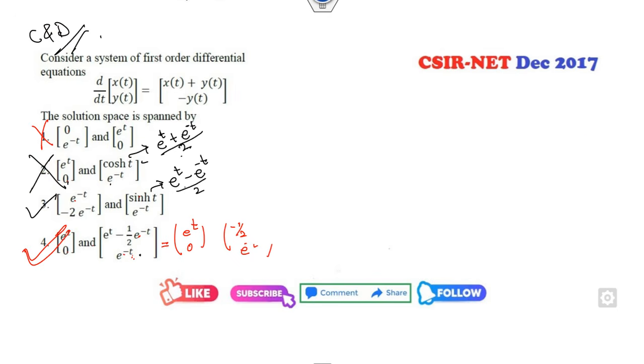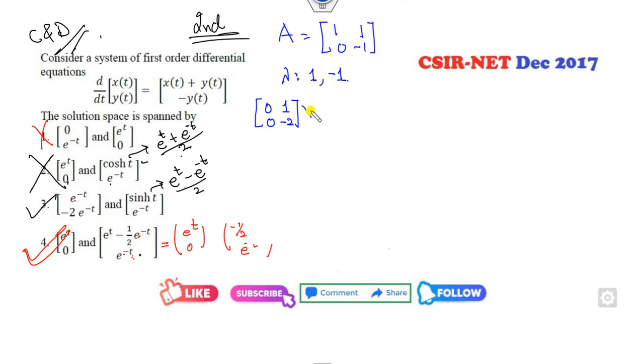The second method: you can write the matrix 1, 1, 0, minus 1. What are the eigenvalues? 1, minus 1. Can you find the eigenvectors? Corresponding to 1: 0, 1, minus 2. So that means from here the second component will be 0.